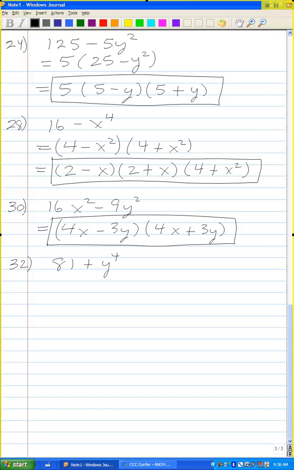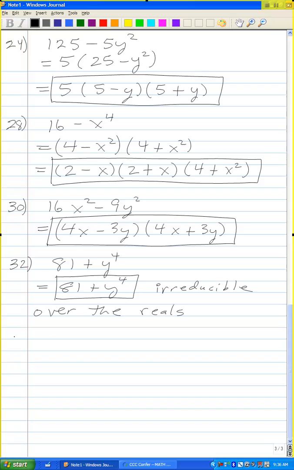And so, well, it turns out that in this case, I cannot factor this any further over the reals. And so this is irreducible over the reals. Okay.